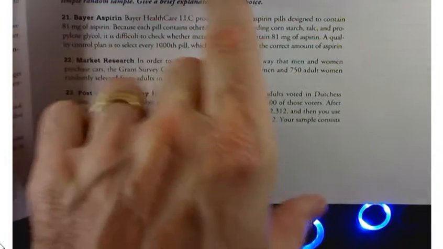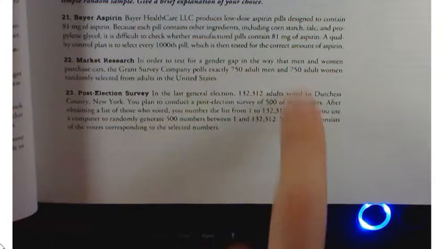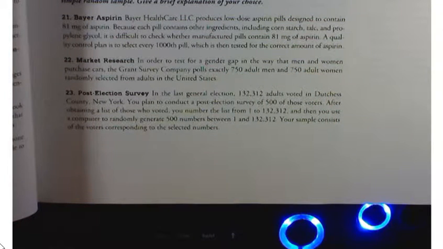Well, the fact that you have the exact same number of men and women, yeah, it seems like you're doing some stratified sampling. You have men and women, your two strata, and you sample exactly the same number in each.